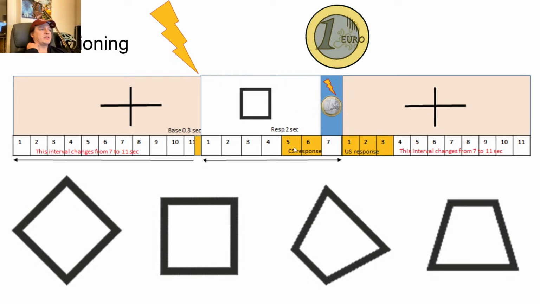When we measured CS responses, we actually measured the whole interval, from second 2 of the presentation of CS through second 6. The conditioned response was most often observed here, but still we measured this whole interval.